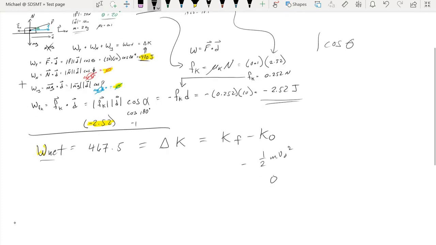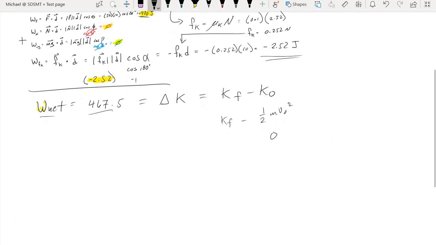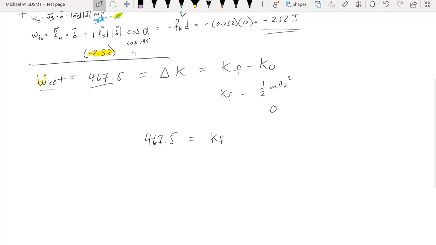And that means that all of the work done by all of the forces has to go into the final kinetic energy of our object. As such, our final kinetic energy is now 467.5. We can use that to solve for the final velocity of this object.